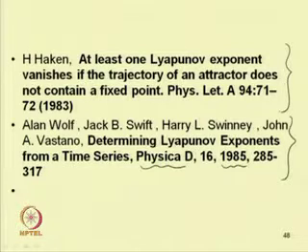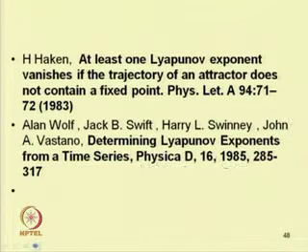Also, one can study this paper. So, here it is observed by Haken that at least one Lyapunov exponent vanishes if the trajectory of an attractor does not contain a fixed point.